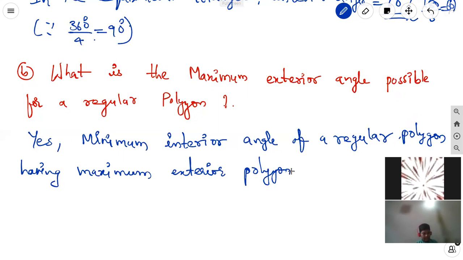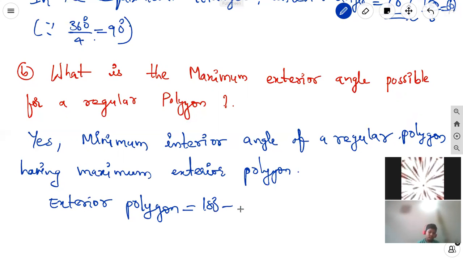Because here the exterior angle of a polygon equal to 180 degrees minus interior angle of the polygon.